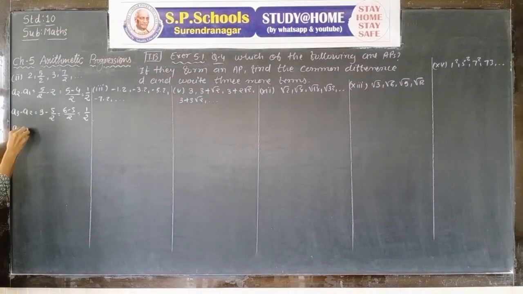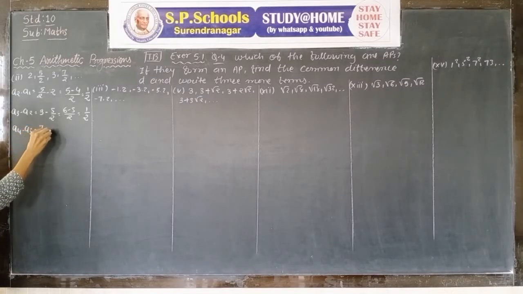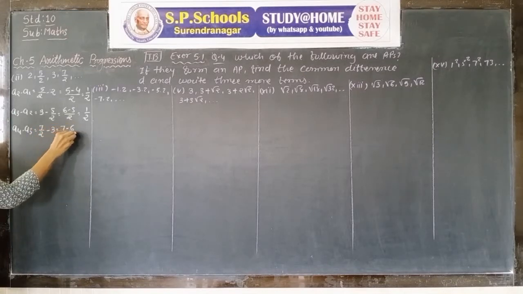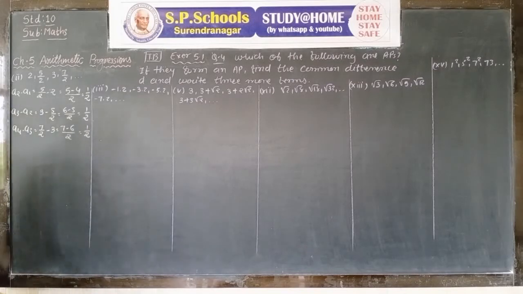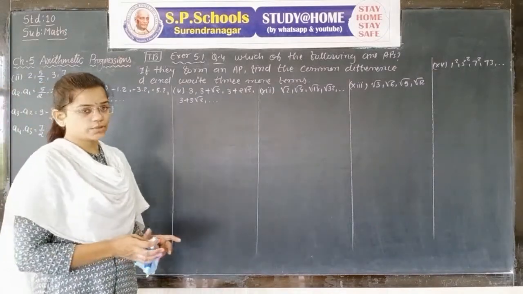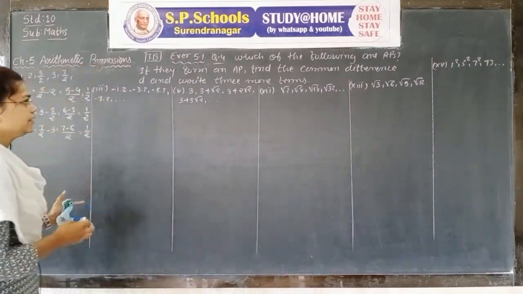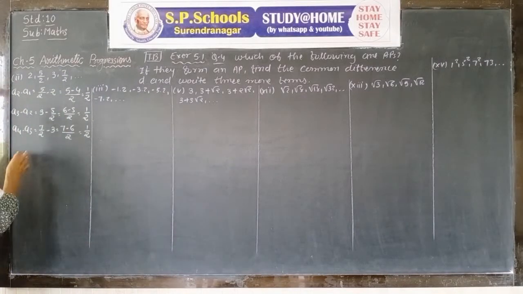Next is a4 minus a3, where a4 is equal to 7 upon 2 minus a3, which is 3. That is 7 minus 6 upon 2, equal to 1 upon 2. Here the differences between the consecutive terms are equal, that's why it forms an AP.